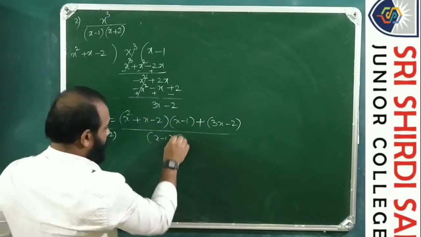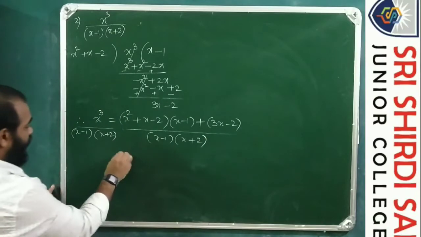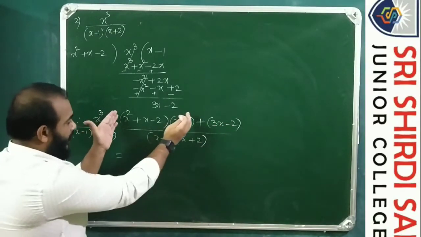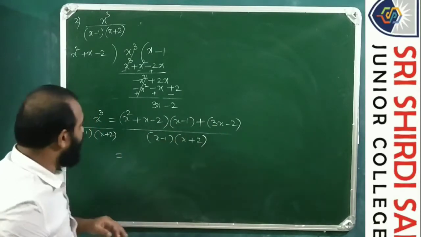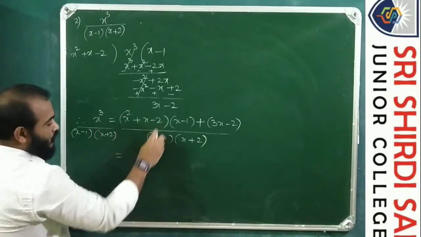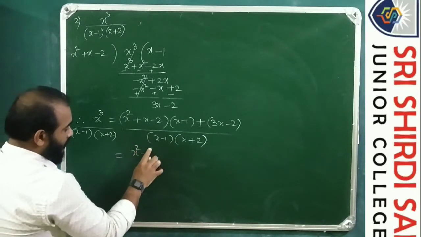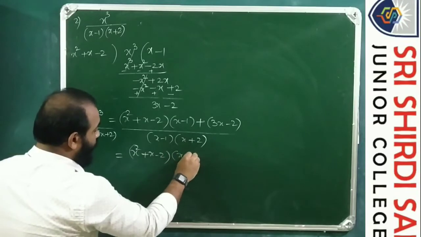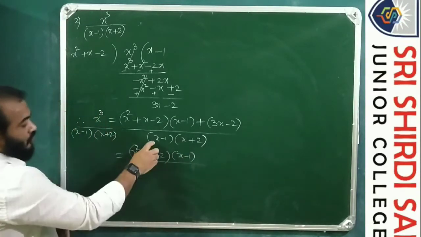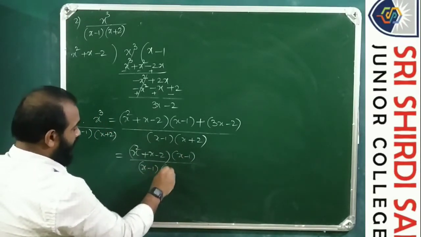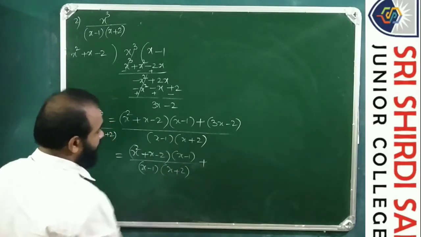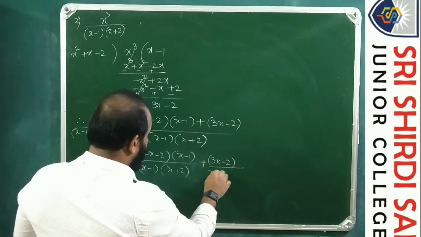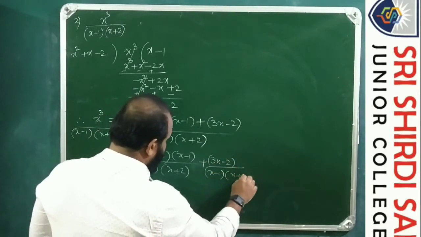This is like (A plus B) by C, which is A by C plus B by C. So x square plus x minus 2 into x minus 1 by x minus 1 into x plus 2 plus 3x minus 2 by x minus 1 into x plus 2.